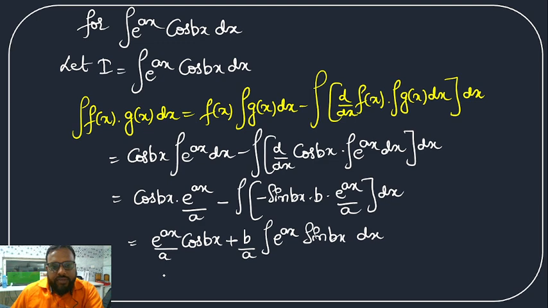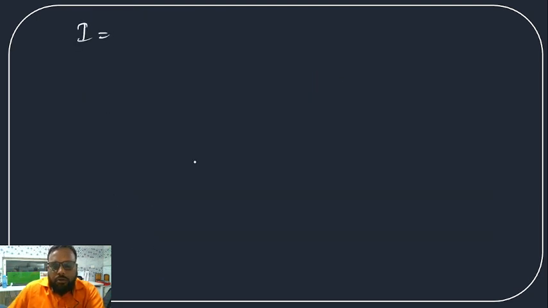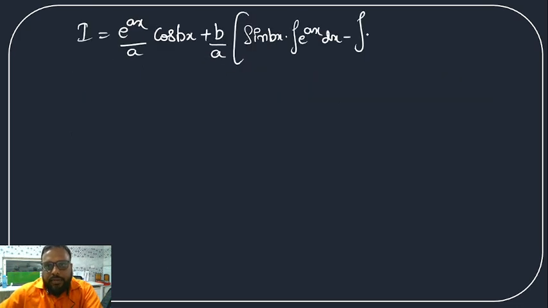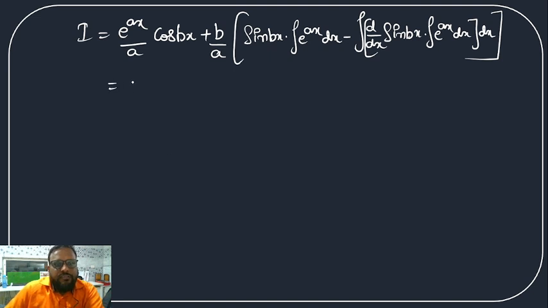Now the next step: I equals e to the power of ax by a cos bx plus b by a into sin bx into integration of e to the power of ax dx minus integration of derivative of first function, that is sin bx, into integration of second function, that is e to the power of ax dx, whole dx.